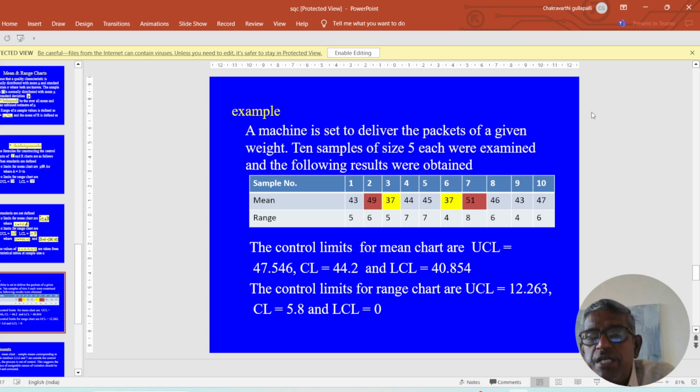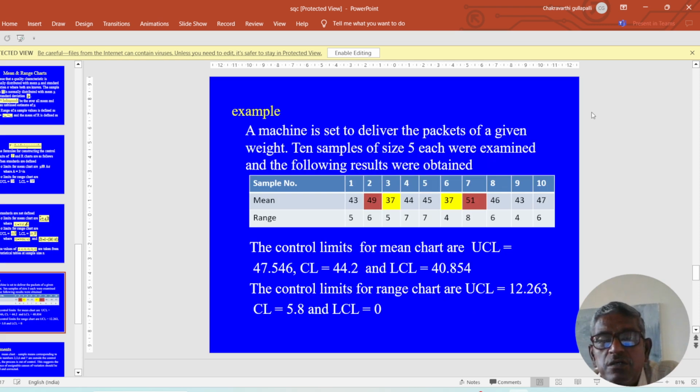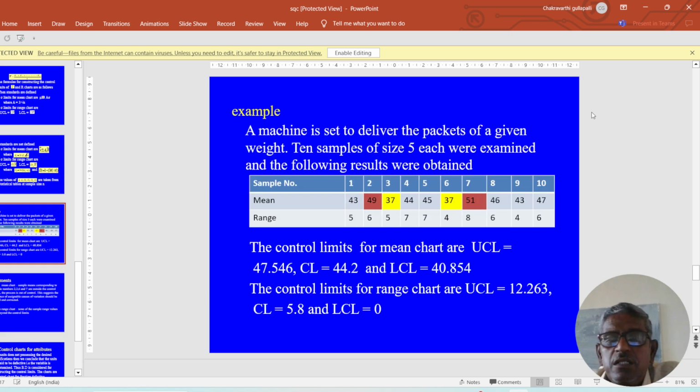I am using x double bar plus or minus A2 R bar, and I am taking the A2 value from the statistical tables. Then the three limits for the mean chart are UCL, LCL, and CL. Similarly, for the range chart also I get UCL, LCL, and CL.